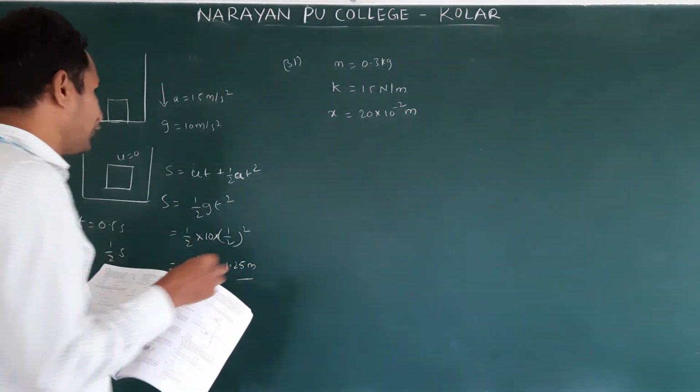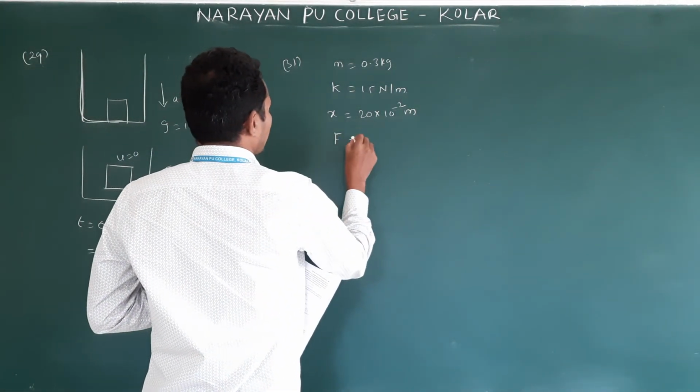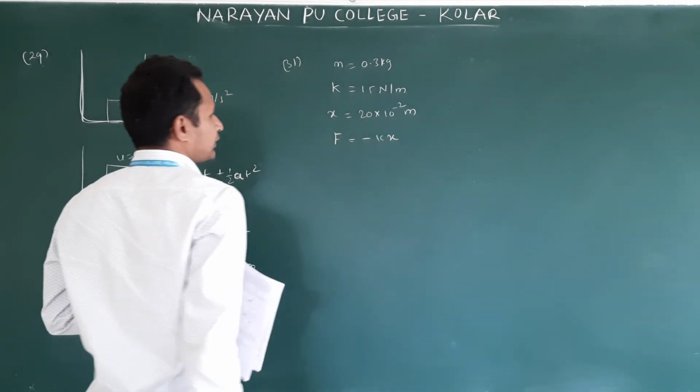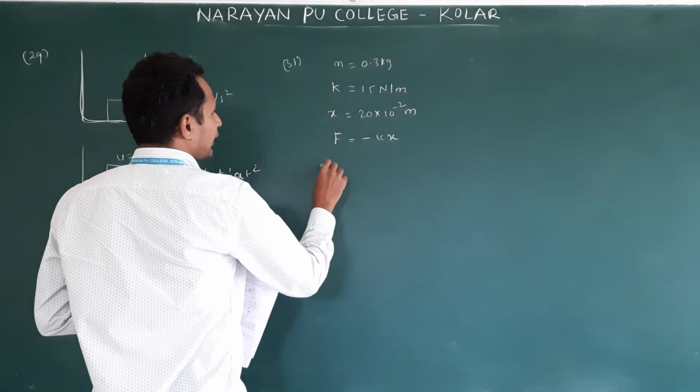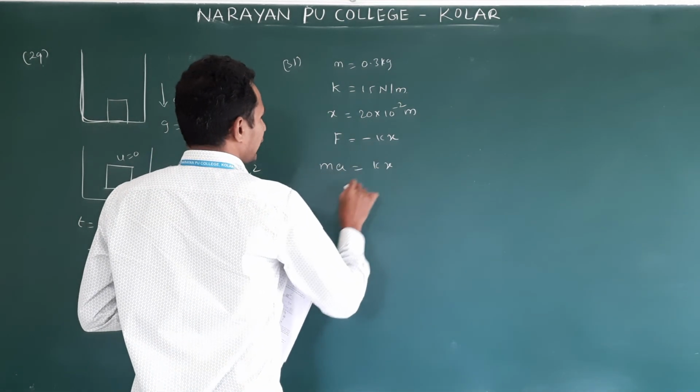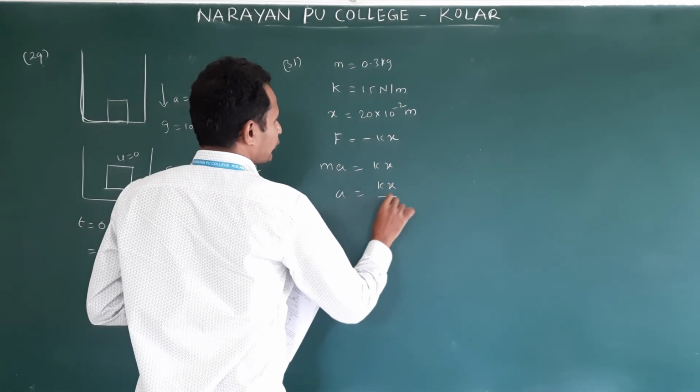They gave the force formula, F is equal to minus kx. Okay, both are opposite. That's not required. We are calculating only magnitude. This we can write ma is equal to kx. a is equal to kx by m.